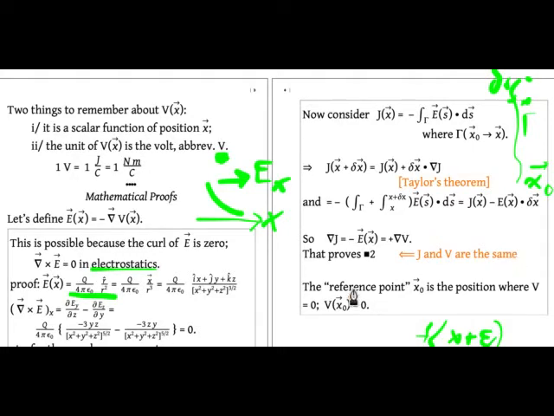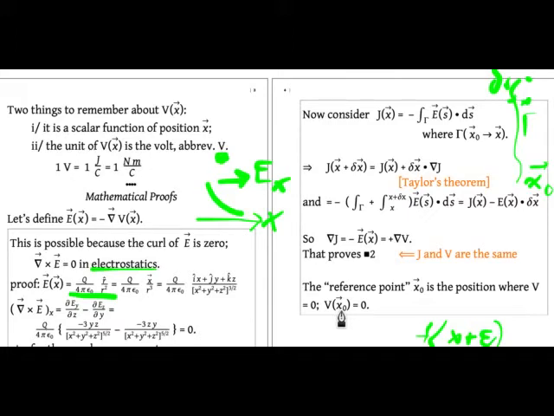That has to do with this reference point. By the way this is defined, if x is equal to x0, then j at that point is 0, or v at that point is 0. So the reference point is the position where the potential is 0. V varies throughout space, but there's a point where its value is 0.